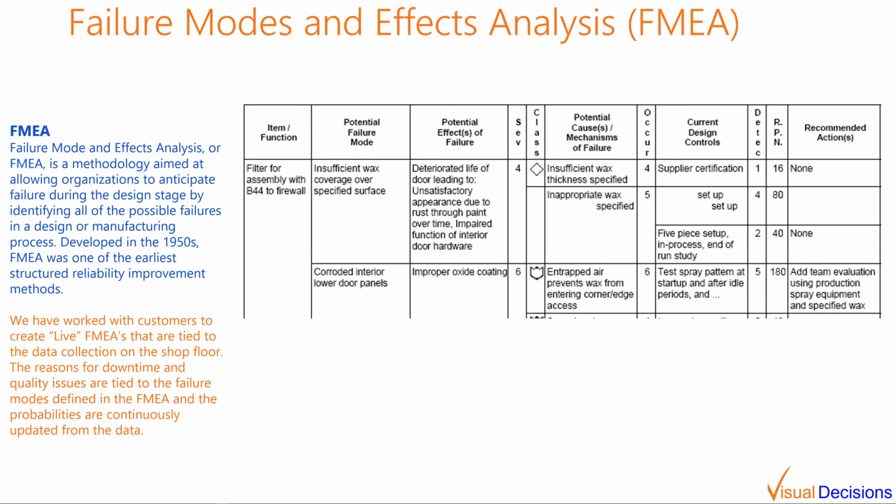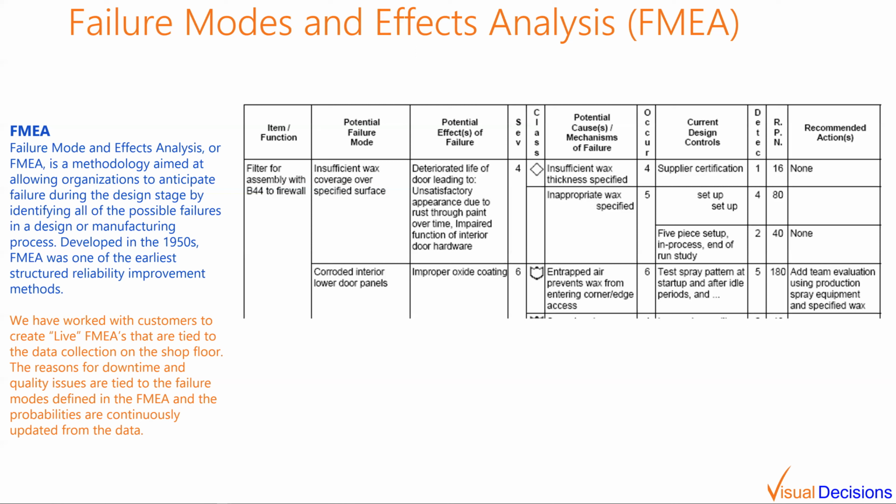Another problem solving or root cause analysis method that is commonly done is a failure mode and effect analysis, an FMEA. And when we're looking at process FMEAs or product FMEAs for quality, the typical process for doing this is to kind of lock a whole group of people, a cross-functional team, into a conference room and have them basically brainstorm what is every potential failure mode and cause or mechanism of that failure.